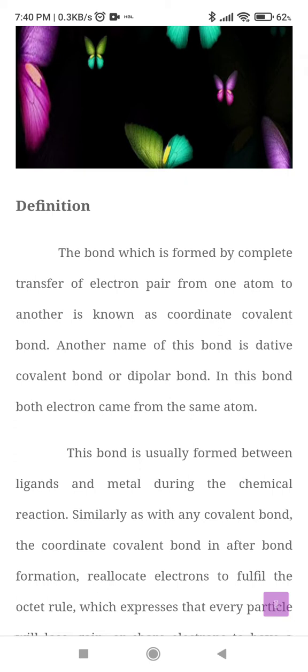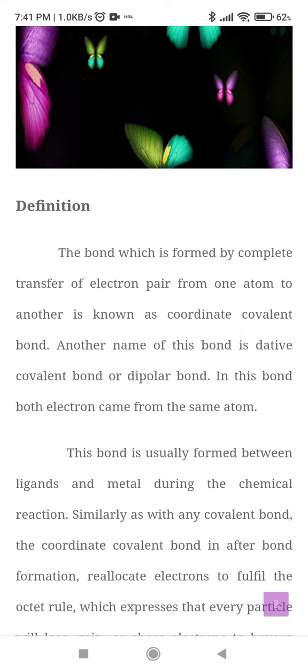The bond which is formed by the complete transfer of an electron pair from one atom to another is known as a coordinate covalent bond. The first thing we must keep in mind about this bond is that a complete transfer of an electron pair takes place.